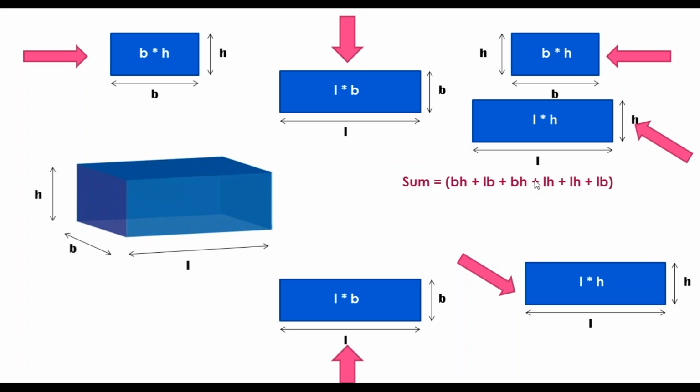So we can say that the total surface area will be equal to 2 times (BH plus LB plus LH). We can say that the surface area of a cuboid is 2 times the sum of the products of length into breadth, breadth into height, and height into length.